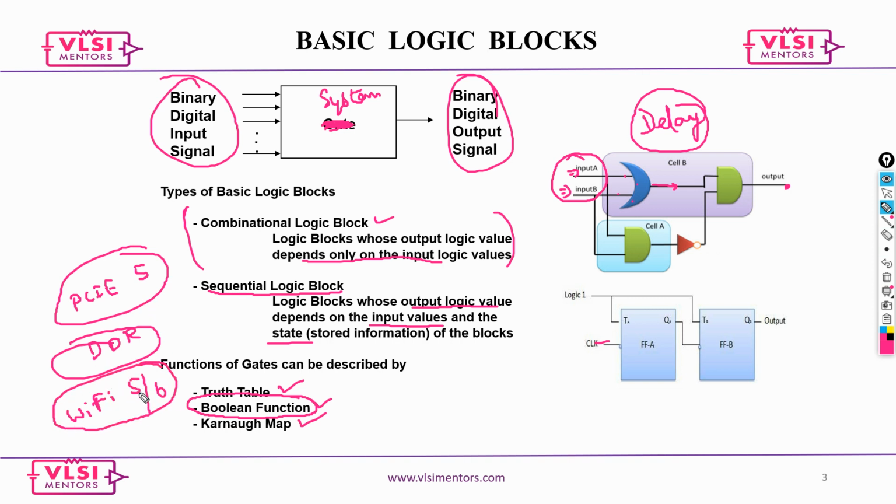When you work on the design side, you will go through all of this spec in detail and then implement. But for smaller circuits, they will just use a Boolean function to express it.